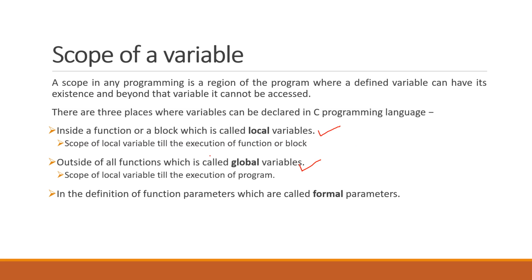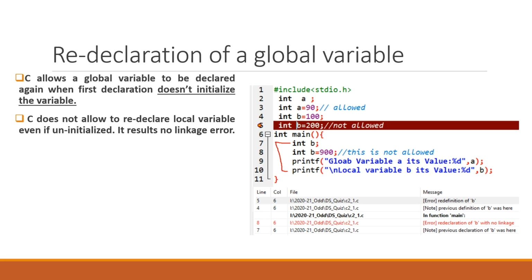In the previous case we have seen two things: global scope, whose scope is available till the end of the program, and local scope, whose existence is till the completion of this function only. Nothing to do with the other one. It is local to the function main.